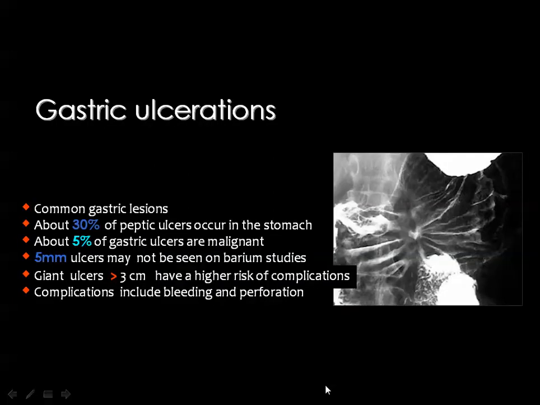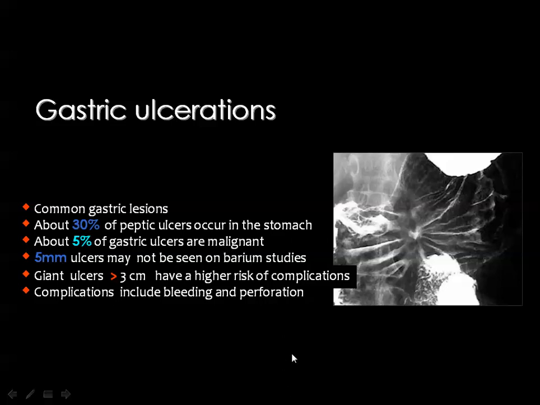Then we came to the gastric ulcers, and we have two types, the benign type and the malignant type. Gastric ulcers are common, and about 30% of peptic ulcers are seen in the stomach, and about 5% of gastric ulcers are on the malignant side.